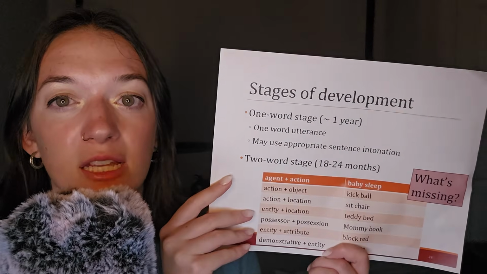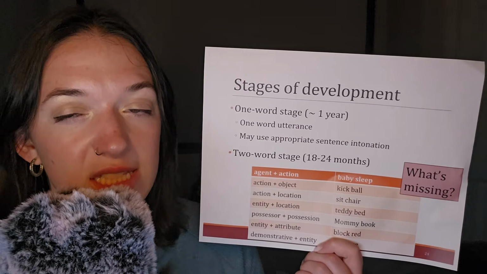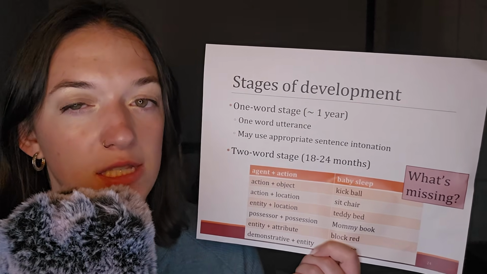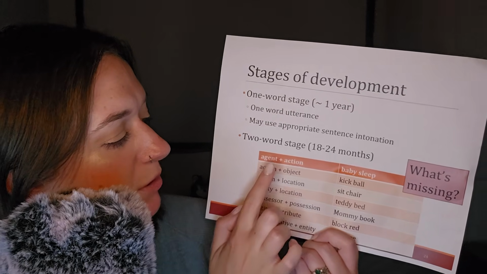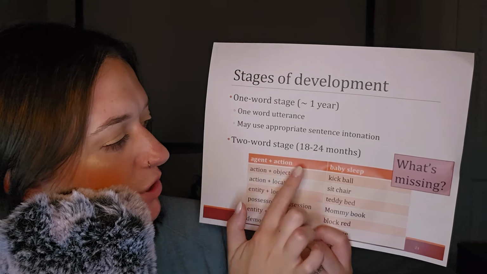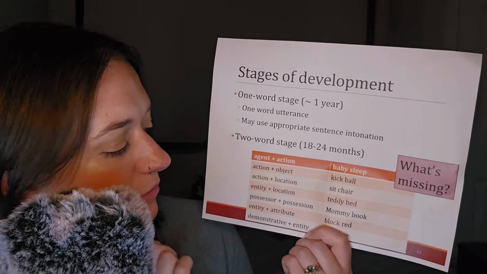And they can make some predictable kinds of utterances. This is true across languages. So a child might be able to combine an action with an object, kick ball.